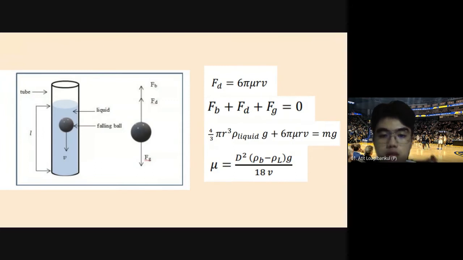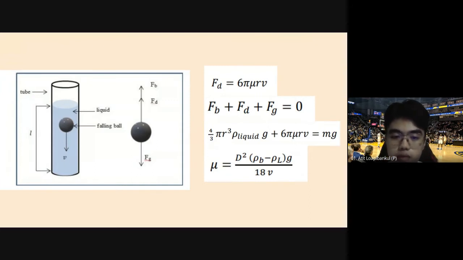So we just have to move variables, and the final thing that we want is the viscosity, right? Which is represented by mu. Mu is equal to d squared times (rho B minus rho L) times G over 18V.